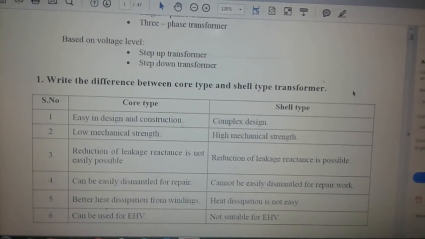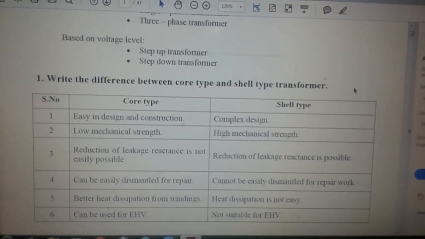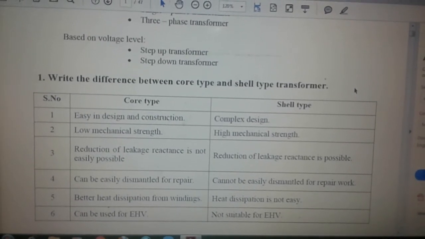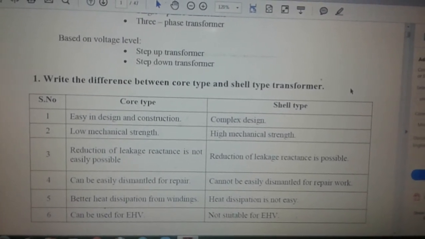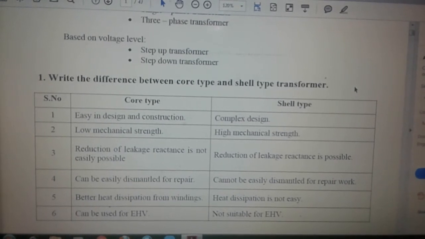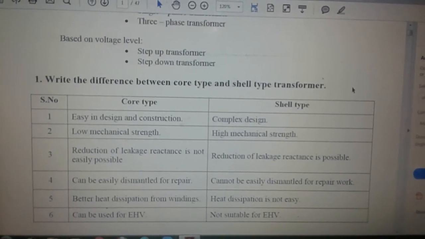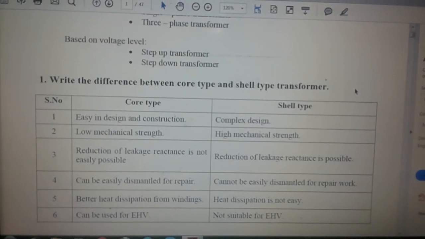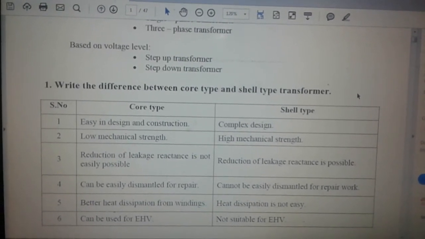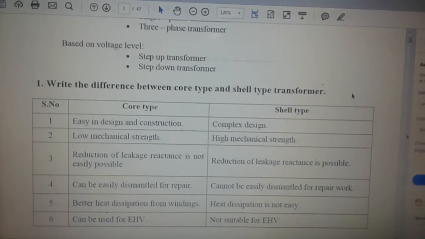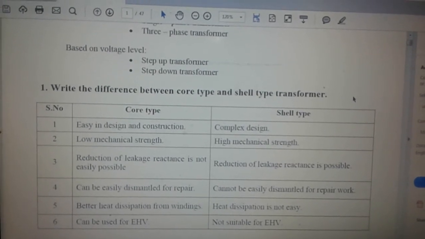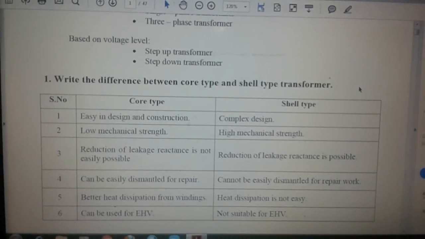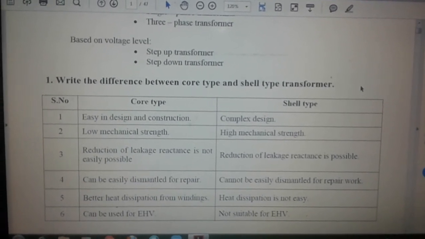Shell type transformer is complex in design, but it has high mechanical strength and reduction of leakage reactance is possible. Compared to core type, where reduction of leakage reactance is not possible, in shell type it is possible, but it cannot be dismantled easily for repair work.